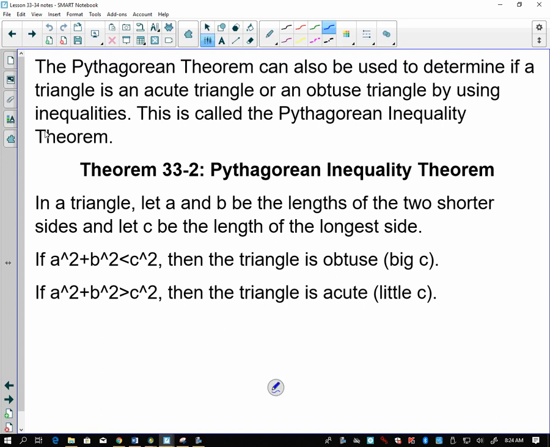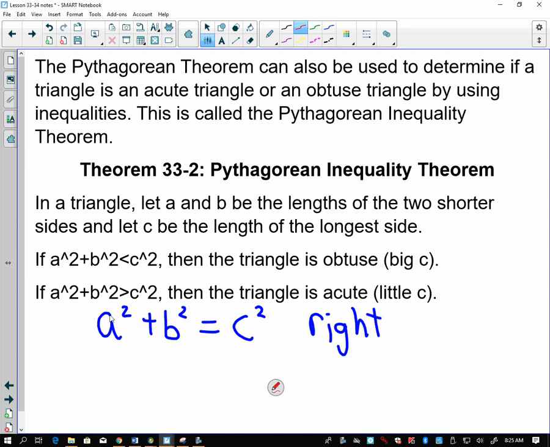I'm going to rewrite it up here. So we've got a squared plus b squared, and we're looking at the relationship to c squared, because what you want to remember is that everything is built around the hypotenuse. The hypotenuse is the most important part. So if it's equal, we say that this triangle is right. Does that make sense?